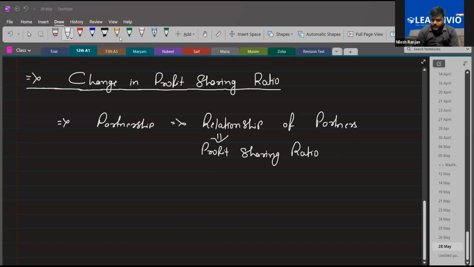So if there is any change in the relationship of partners, that is called reconstitution.